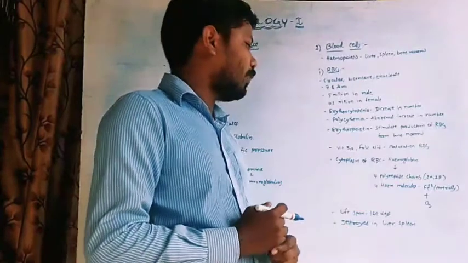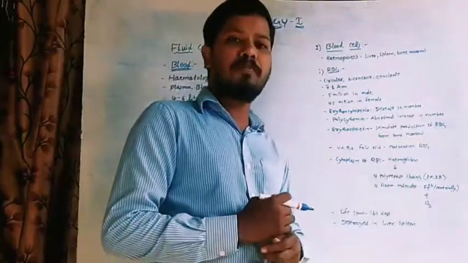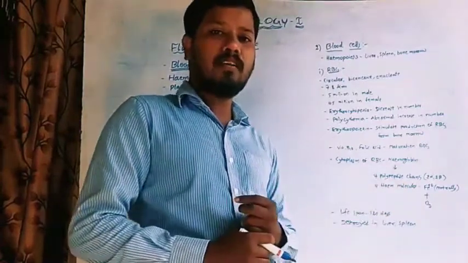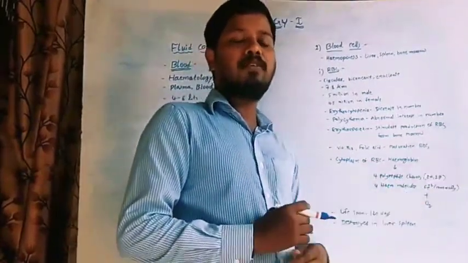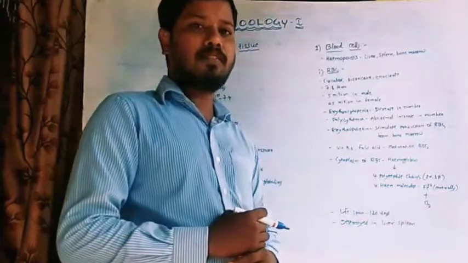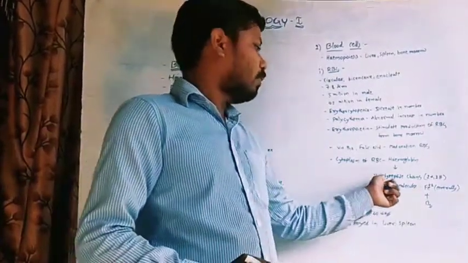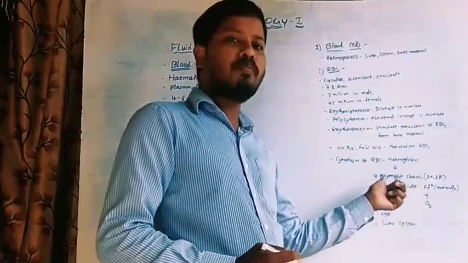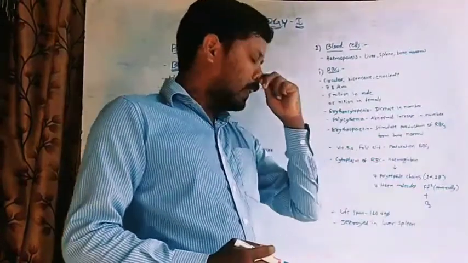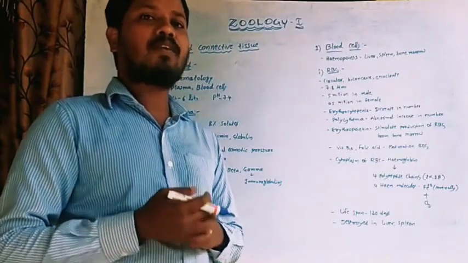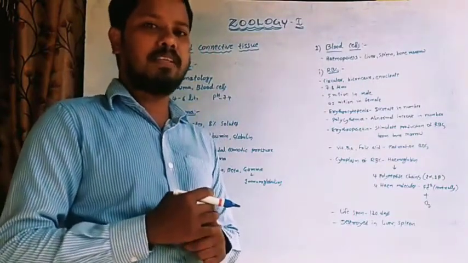Hemoglobin is composed of 4 polypeptide chains: 2 alpha chains and 2 beta chains. These 4 polypeptide chains are present in the hemoglobin in the RBCs.